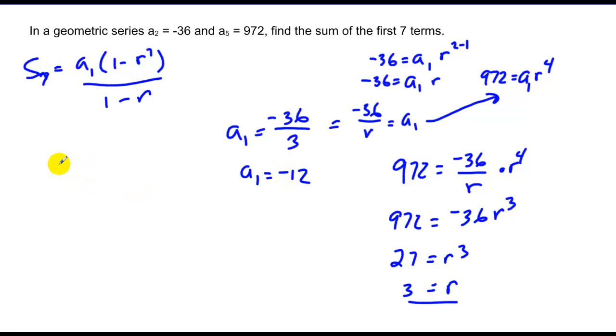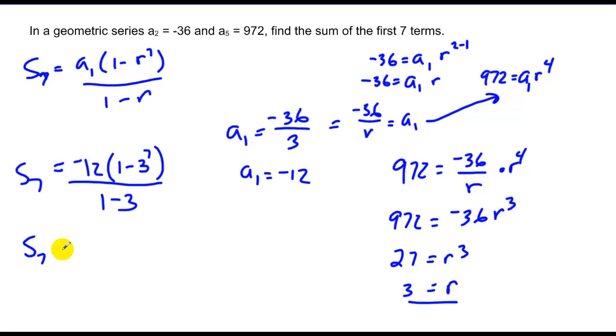Easy enough to get this problem done now. Plug negative 12 in: 1 minus that ratio of 3 raised to the 7th power, over 1 minus 3. And we end up with a sum of negative 13,116.